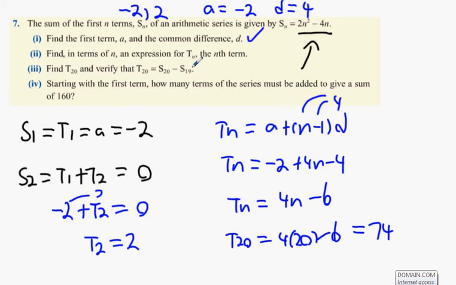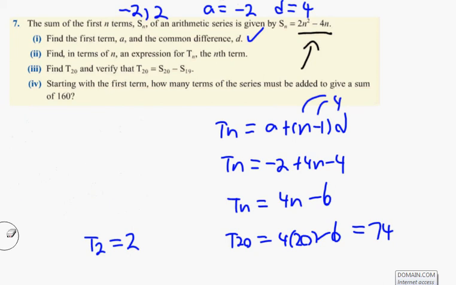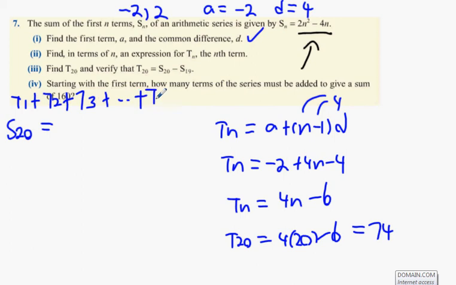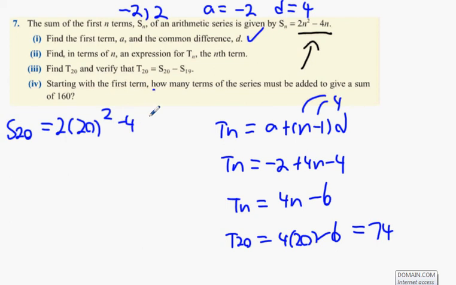Show that's the same as S20 minus S19. What's S20? S20 would mean everything added together all the way up to T20, so it's going to be a much larger number than T20 only. So use the S formula, replace in 20. And then how do you find S19? Same thing.